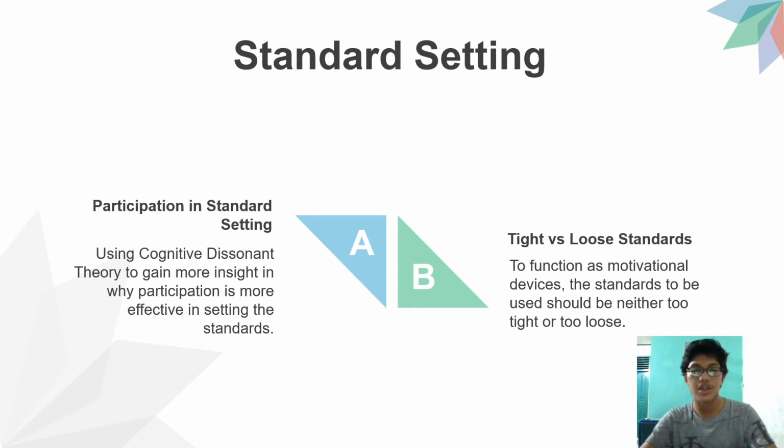Dissonance resolution or increased commitment will occur even in non-participative goal setting situations. Unfavorable feedback in a non-participative situation may result in rejection of the standard and lack of future commitment. The workers may become so discouraged that they stop trying to improve their performance.